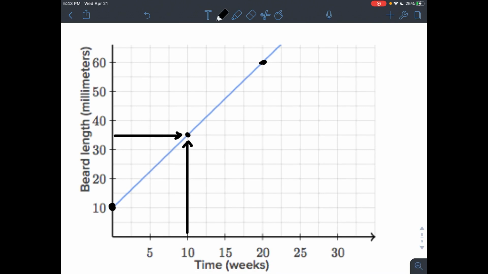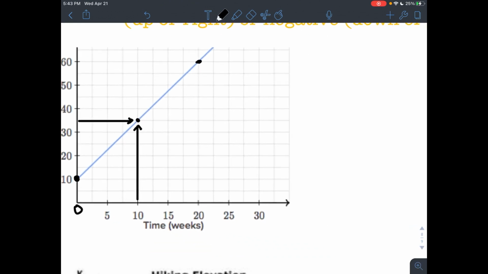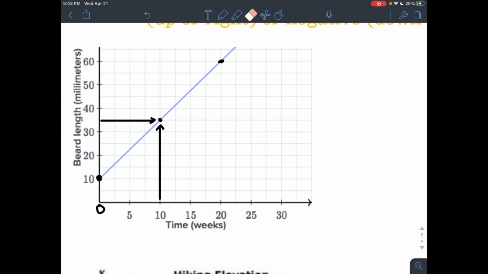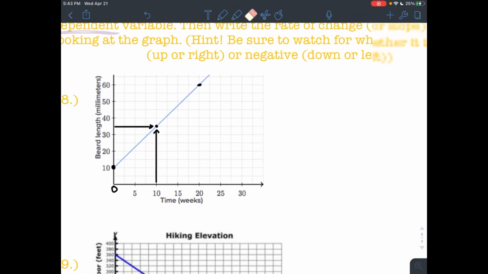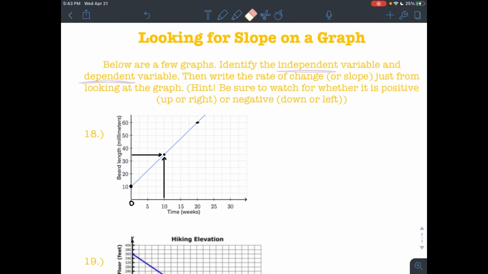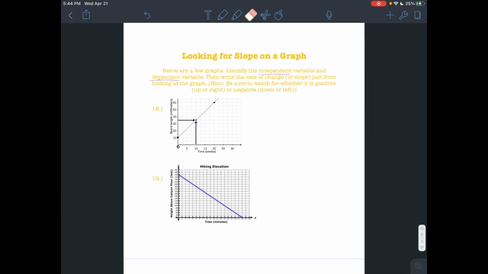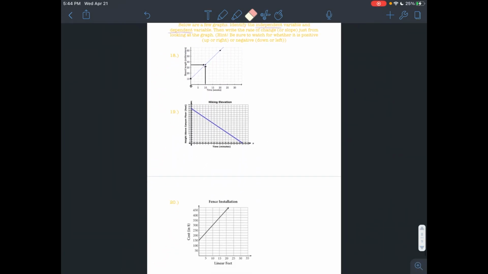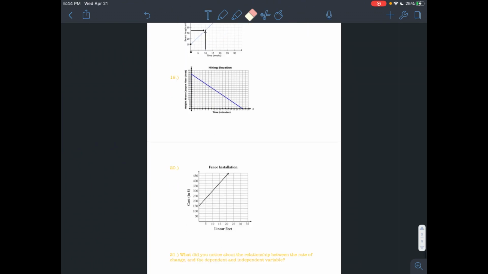So we can look at the comparative distance of, okay, after 0 weeks, the beard was 10 millimeters. And after 10 weeks, the beard was 35 millimeters. So how much did it grow per week? Think about that to figure out your rate of change. And remember, is it positive or negative? Try your best on these 3 because we're definitely going to go through these together.